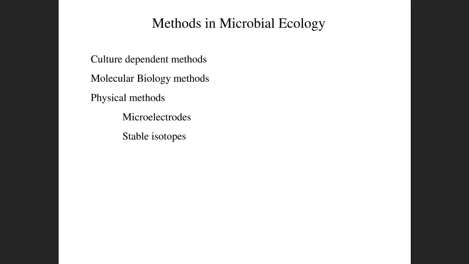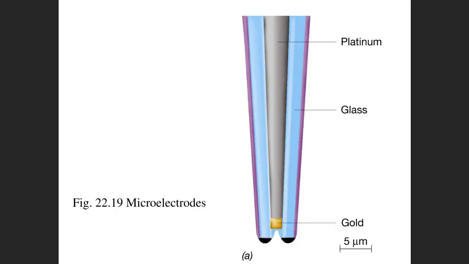So other physical methods we can use to study microbial ecology: one is to use microelectrodes to determine the microenvironment. For example, you can have microelectrodes like a pH probe, and you can notice it's so tiny, right?